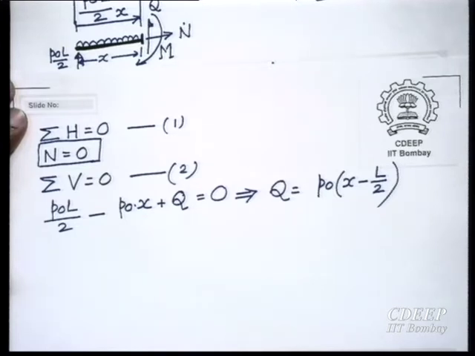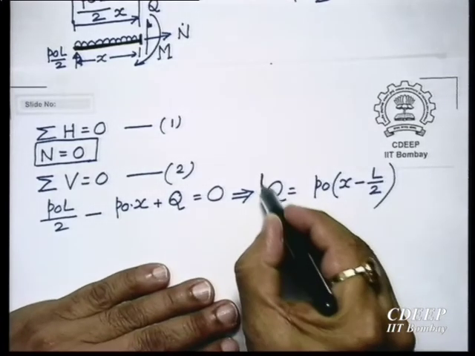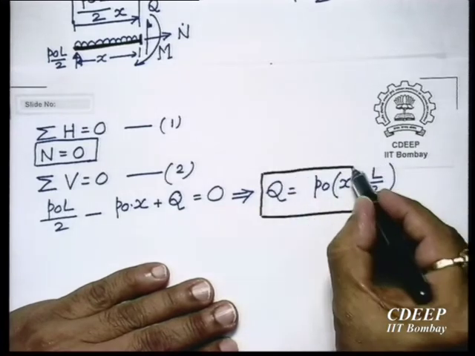When x equal to L, it is P naught L by 2, and it changes sign. So, it starts with a minus sign, goes to 0, and then again becomes positive. Okay. So, how does q vary? q has a linear variation because it is only a function of x.